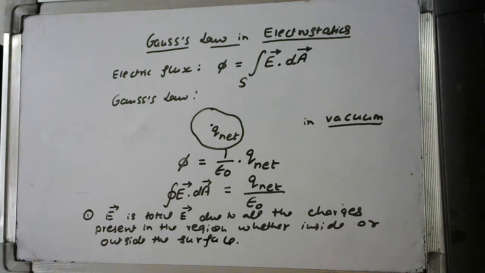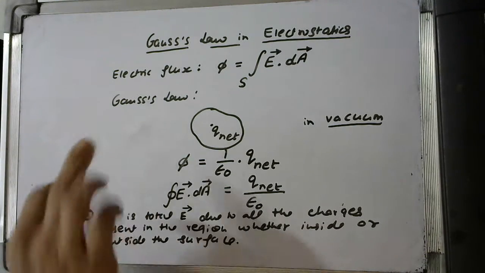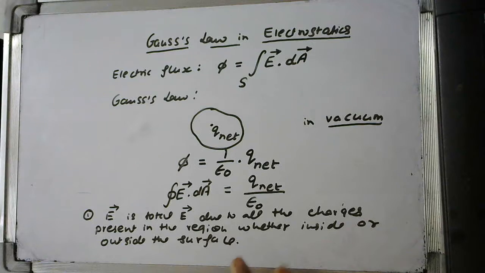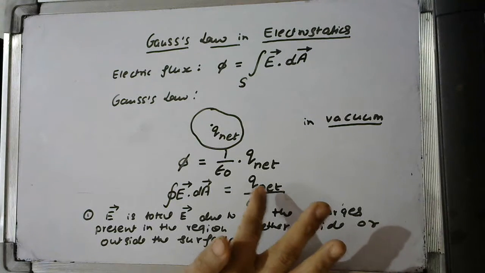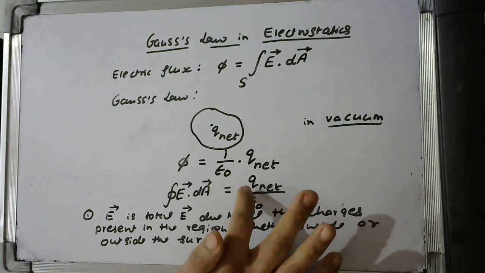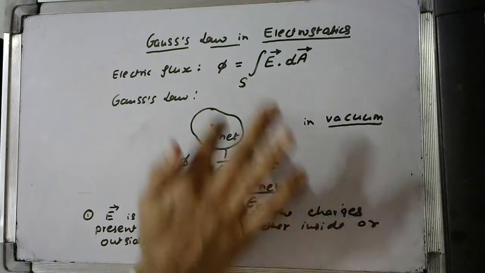Basically, this point creates certain doubts in the mind of students at times. This is because the statement of Gauss's law says that we have to consider only net charge inside the Gaussian surface.